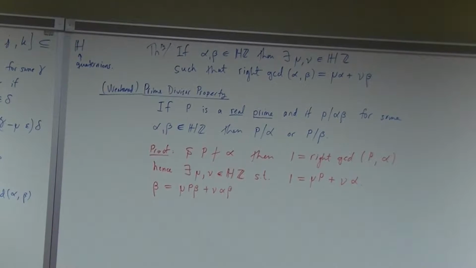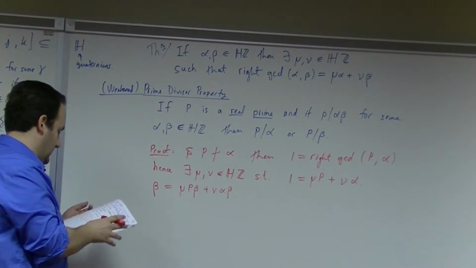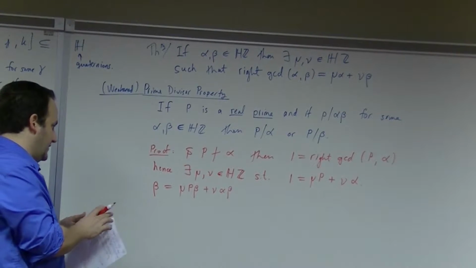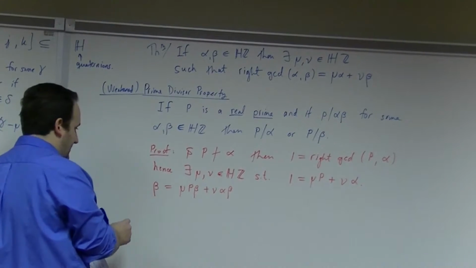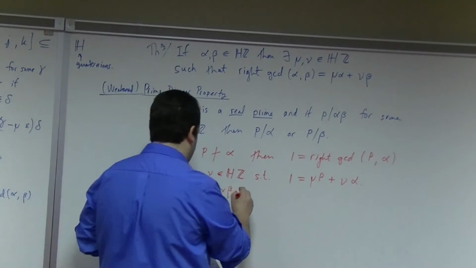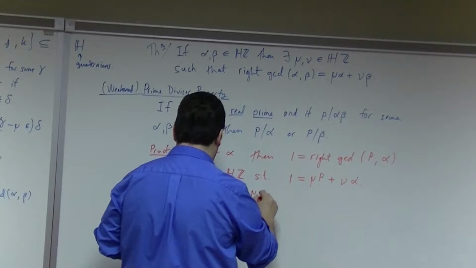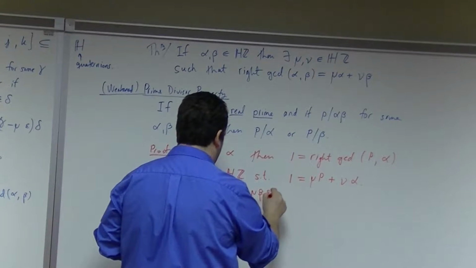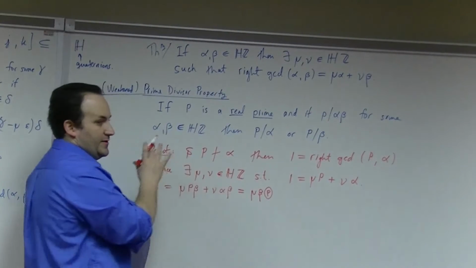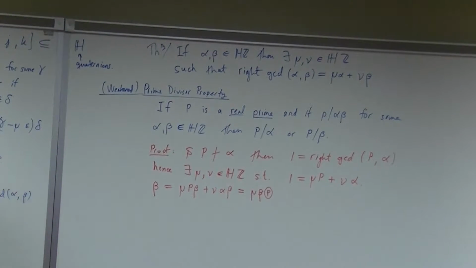Now, let's see here. Can we notice some things about this expression? Does P divide? Is P a right divisor? Well, let me take one more step here. We can rewrite this as mu beta P, right? Because P is a real number. It commutes with everything here, right?